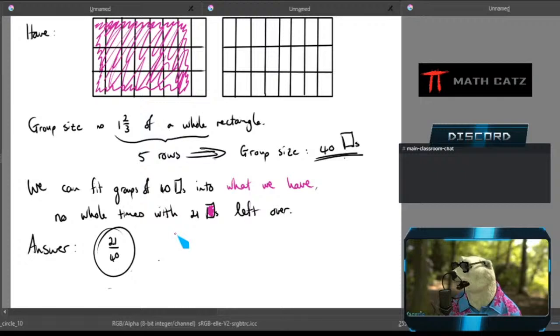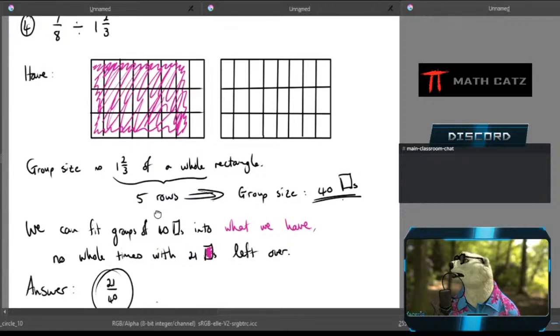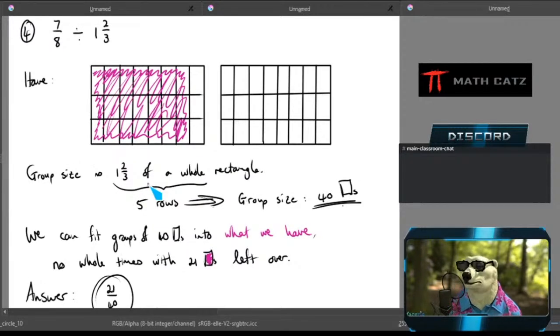When you understand what the division is asking, and you have figured out how you want to lay out your answer, it doesn't matter what the sizes are that you're working with. Doesn't matter. The fitting in is the same.